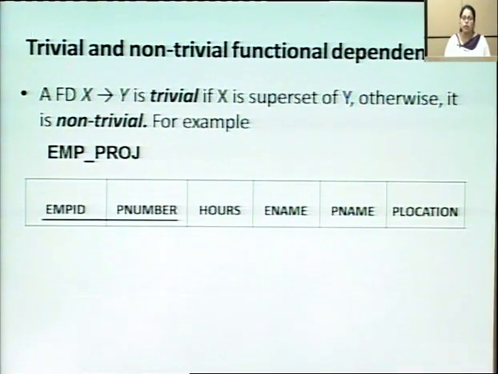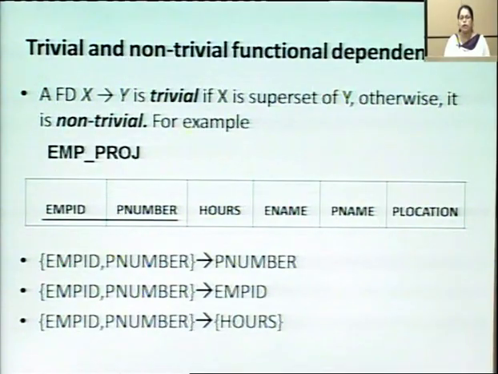For example, EMPLOYEE_PROJECT is a relation. Here are three functional dependencies. First, employee ID and project number collectively functionally determine the value of project number. Employee ID and project number also collectively determine the value of employee ID, and also employee ID and project number functionally determine the value of hours.